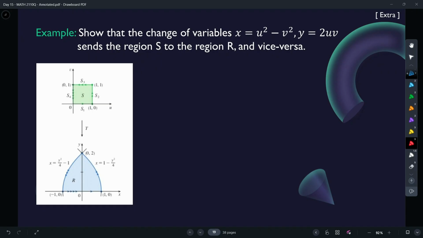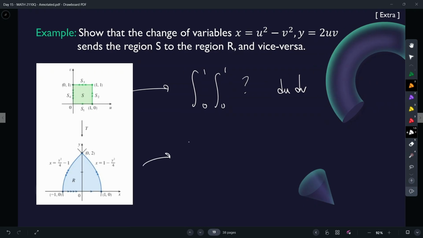How would I integrate? How would I write limits of integration in each one of them? This one is the integral simply from 0 to 1, from 0 to 1, du dv. That's easy. And then whatever function we're doing here, over here, how should I integrate? What should I integrate first, x or y?